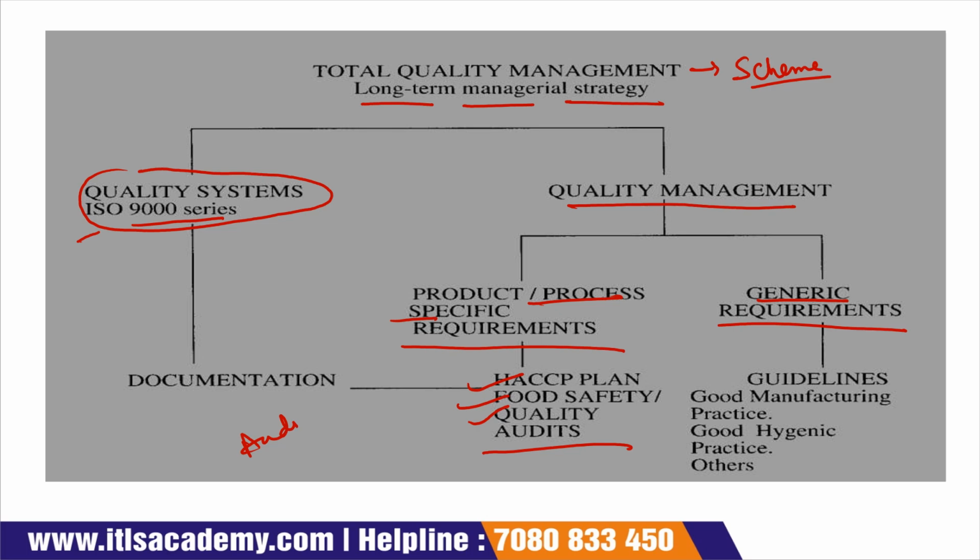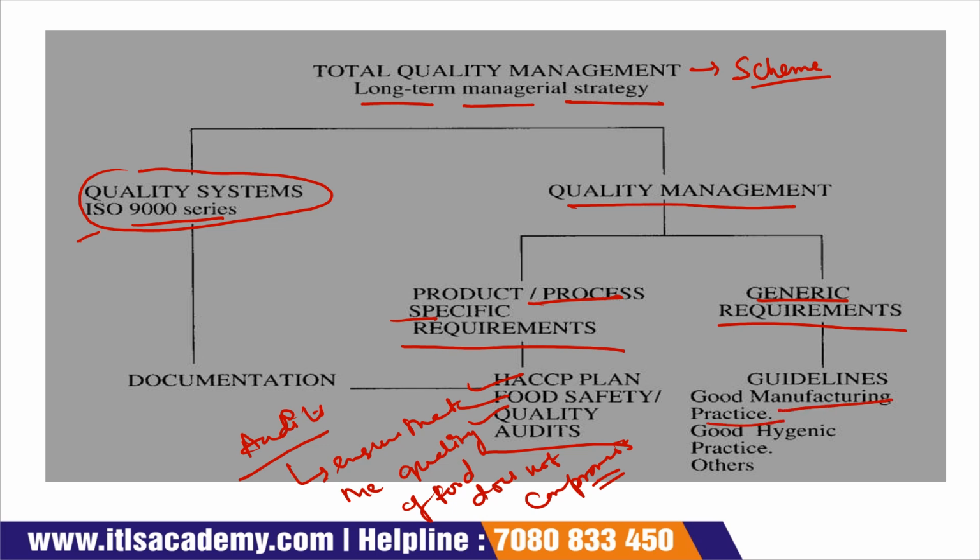Audits simply mean that they ensure that the quality of the food is not compromised. In the generic requirement, there are guidelines related to GMP, that is good manufacturing practices, and GHP, that is good hygienic practices. And the quality system involves documentation, and this documentation is again related to the HACCP plan, food safety and quality audit. Now come to the next slide.